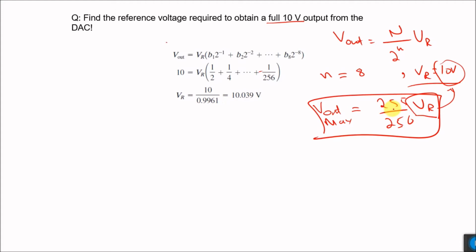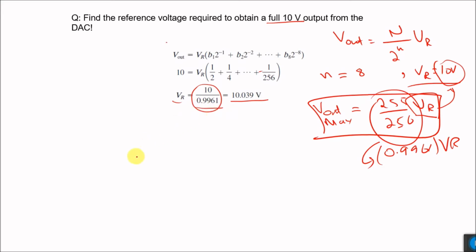So this 255 over 256 is equal to 0.9961 into VR. And then if you need a full 10 volt output, you have to have a VR of value 10.039, and that comes by dividing 10 with 0.9961. So I think this concept is fairly clear also.